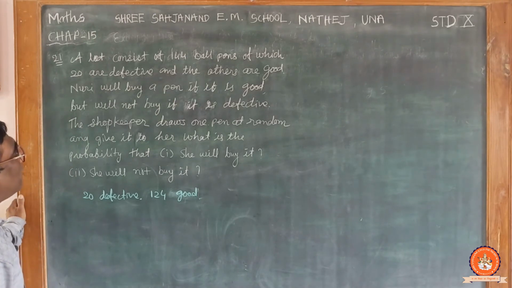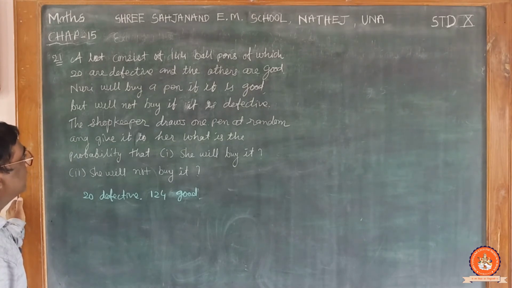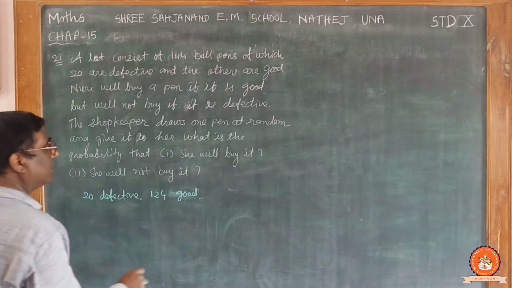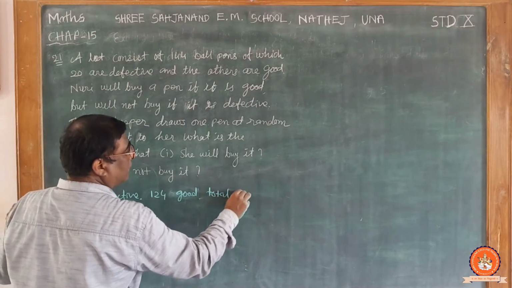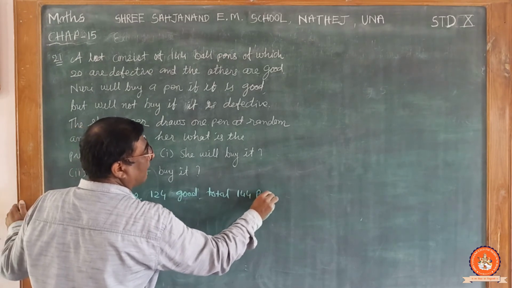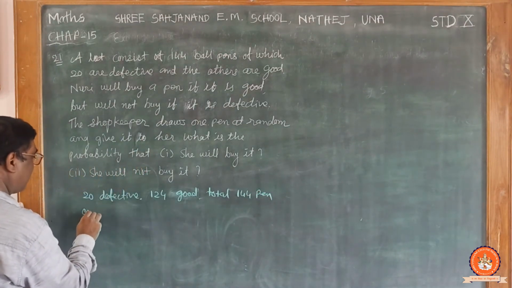Nuri will buy a pen if it is good, but will not buy if it is defective. The shopkeeper draws one pen at random and gives it to her. What is the probability that she will buy it? So total 144 pens. One pen is drawn at random.